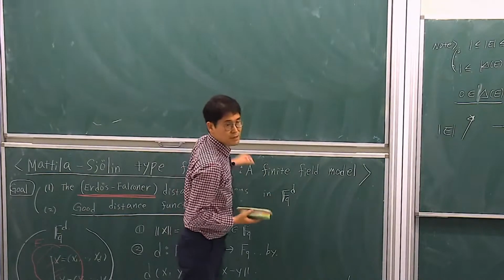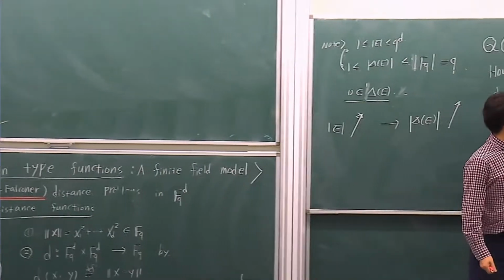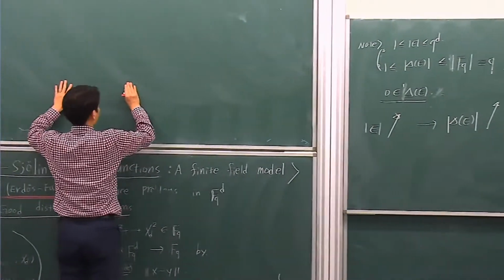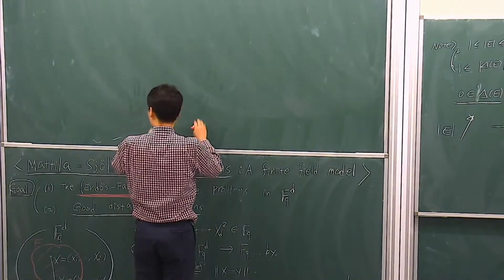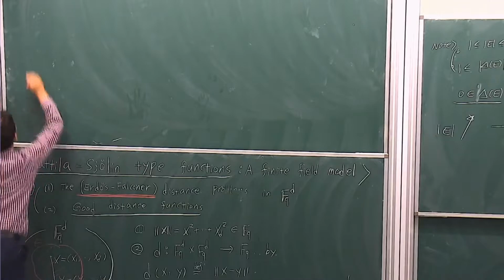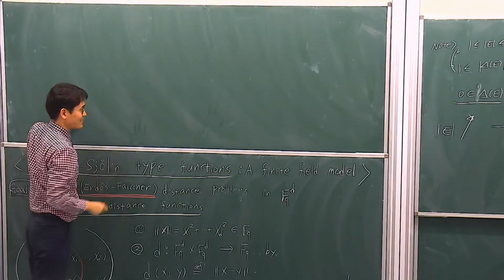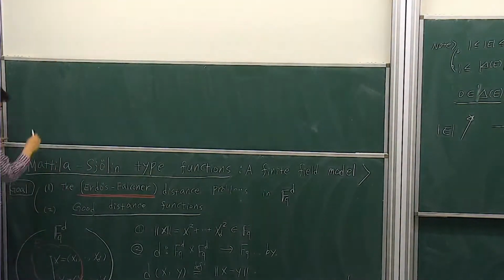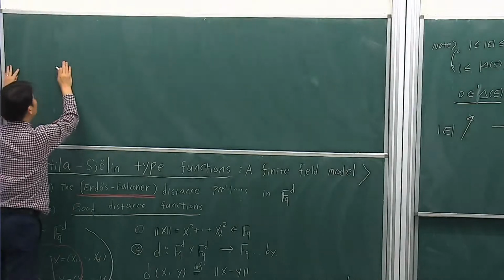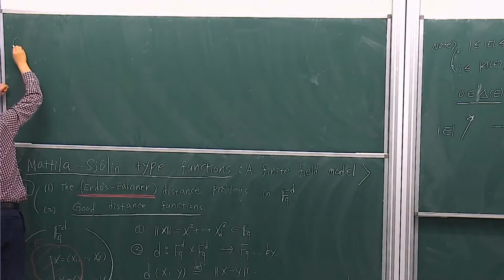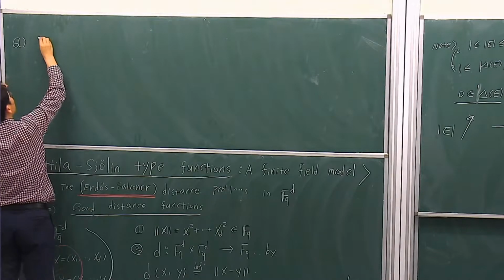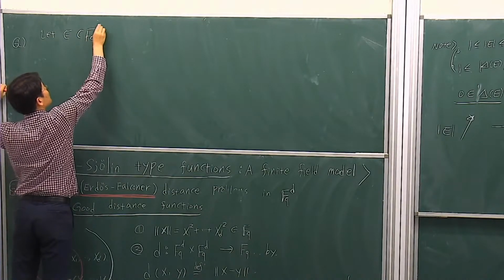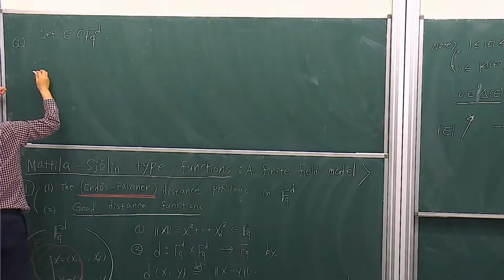So let me write down the formal definition of these two problems. C is a large constant.